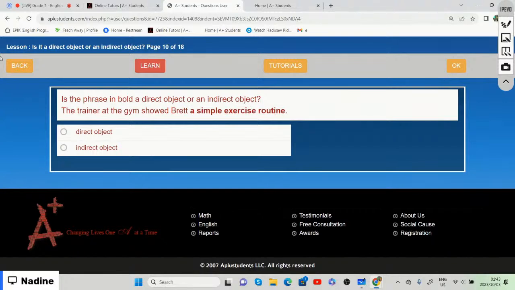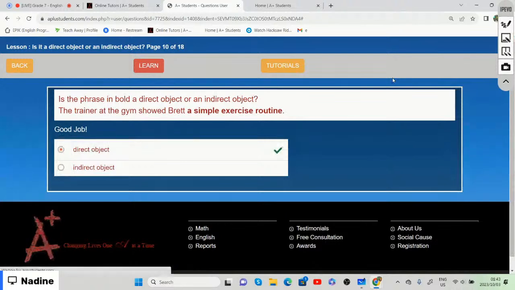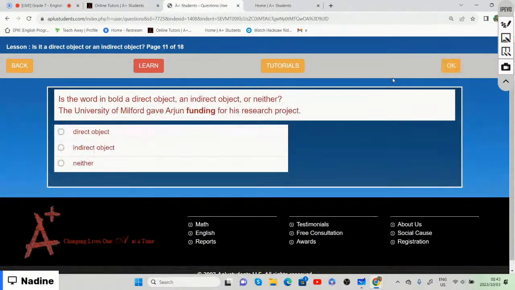So we will say this is a direct object. All right, so that is correct. It is a direct object. It is the receiver of the action.